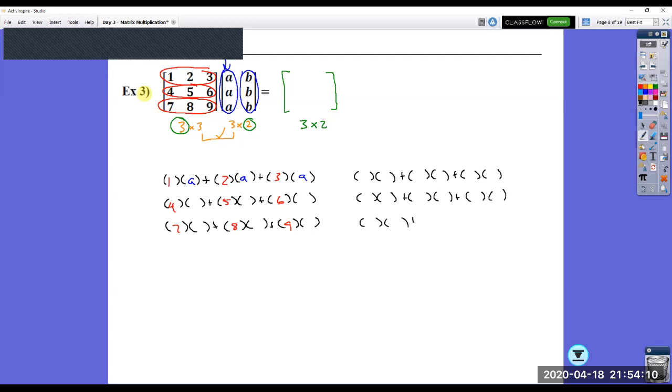We have this going on. If I have those numbers there. Now notice this top one is also all row 1, so I'm just going to write 1, 2, 3, 4, 5, 6, because 4, 5, and 6 are from row 2, and then in the third row, 7, 8, 9.